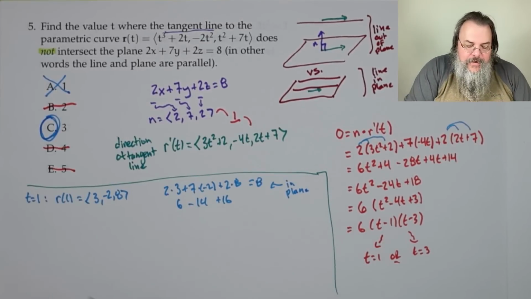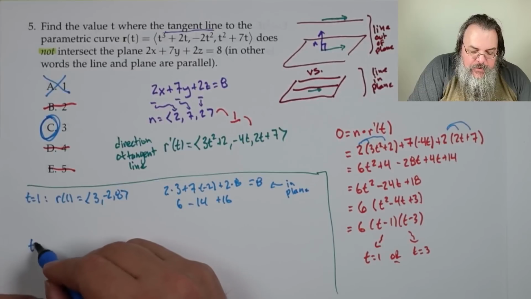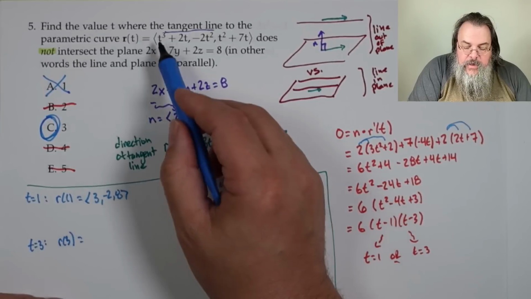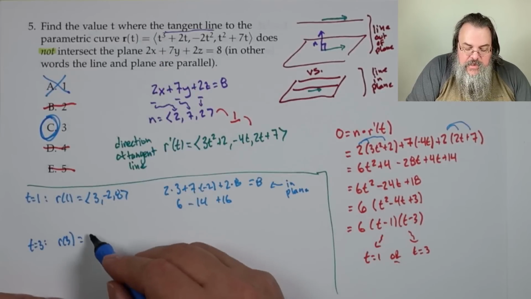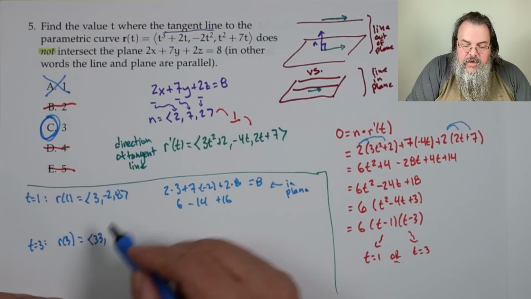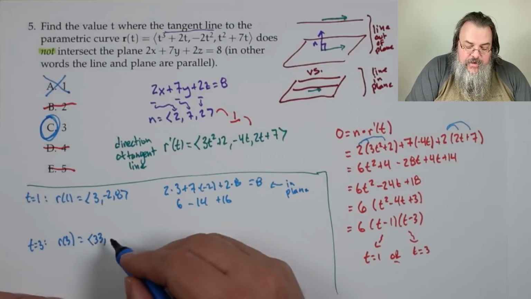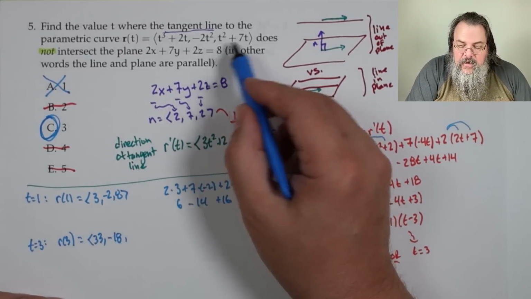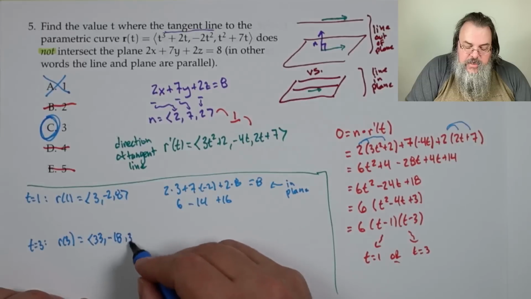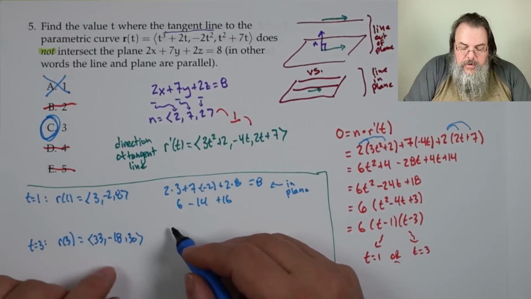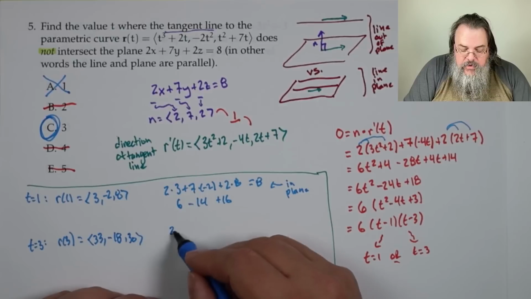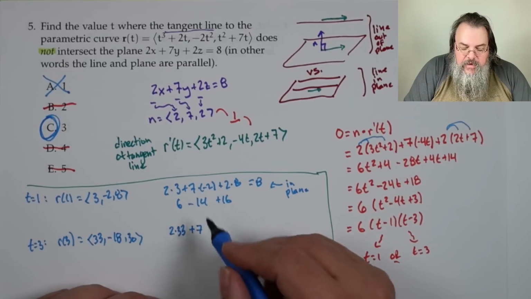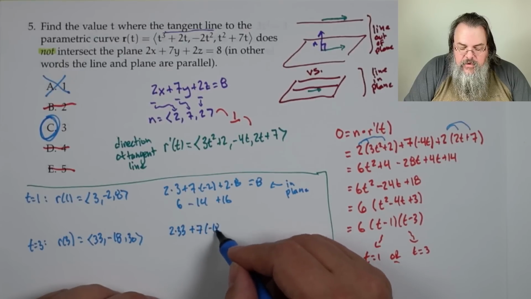If you want to feel extra confident, we can plug in 3. And what do we get? Well, r of 3, we get 27 plus 6, which makes 33, minus 2 times 3 squared. So that's minus 18. And then 9 plus 21, which is 30. Again, we'll do our plugging it into the plane. So that's 2 times 33. We don't have to do this. We already know that the answer is C, but I'm just going to do it just to convince you.